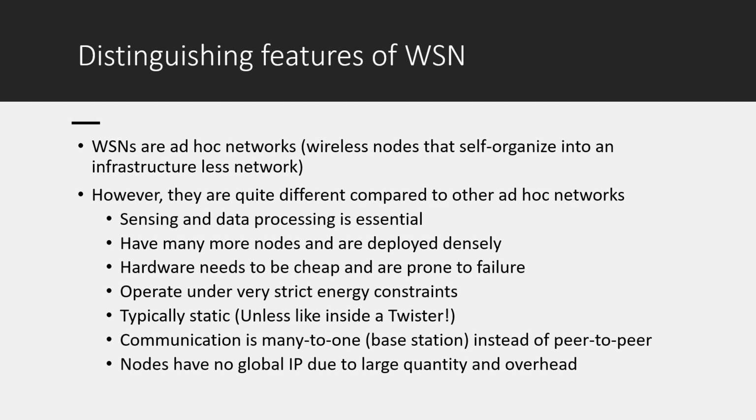As there are a huge number of nodes, if you gave a global IP address to every node, you would run out of IP addresses. So they do have a local address, which is used to communicate with the base station, because without any address you cannot specify to whom you are sending a message. So they do not affect the total number of IP addresses present globally.